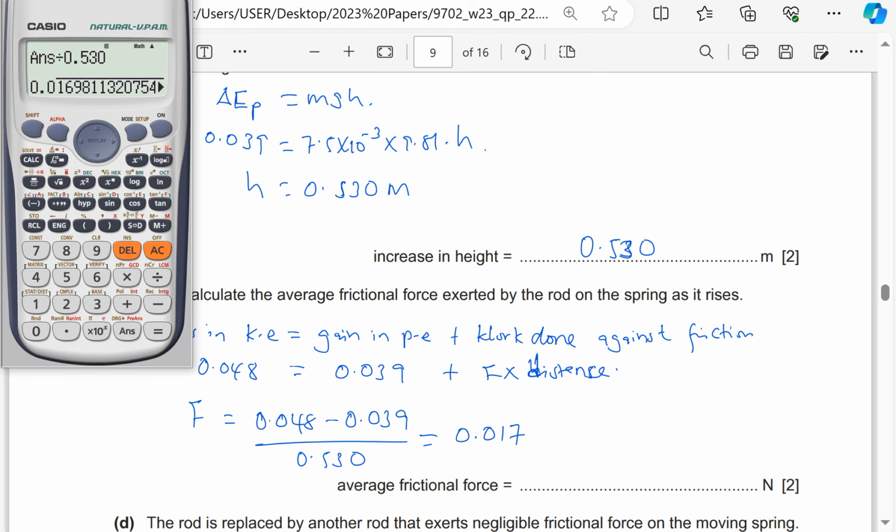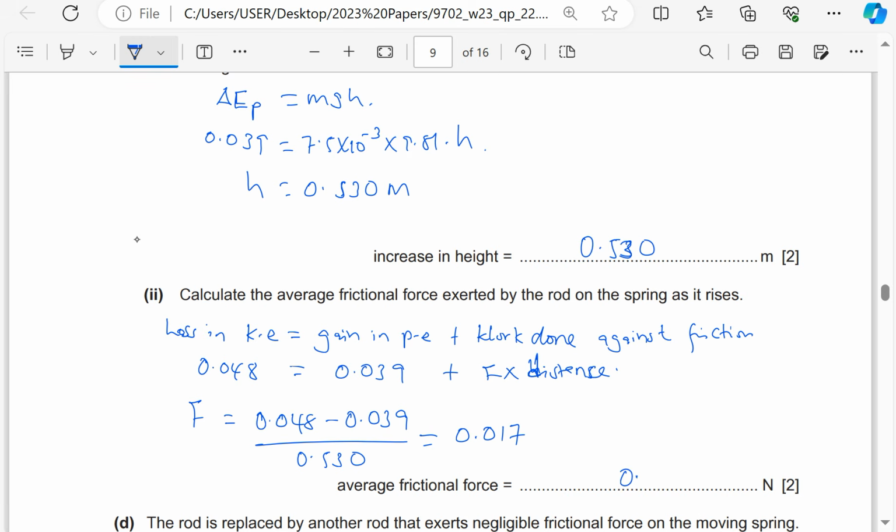Let me check it again. 0.048 minus 0.039 divided by 0.53. 0.017. So the answer here is going to be 0.017. Okay.